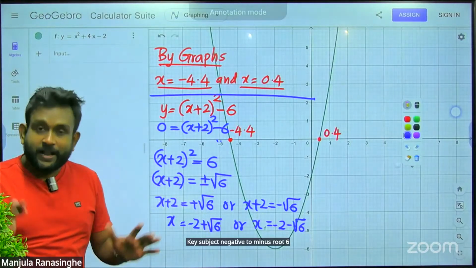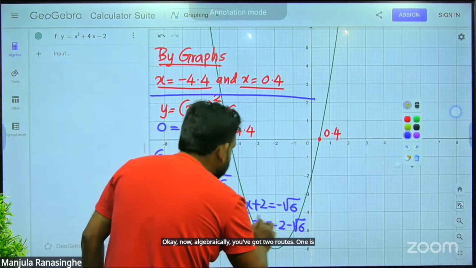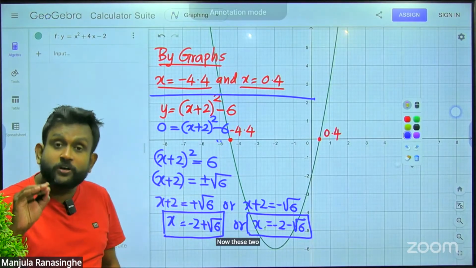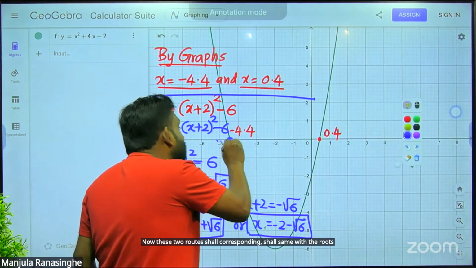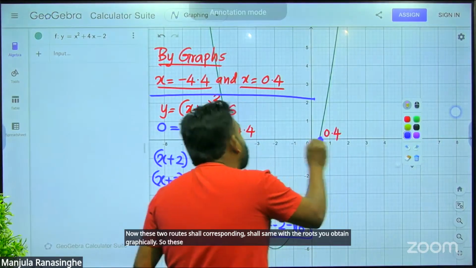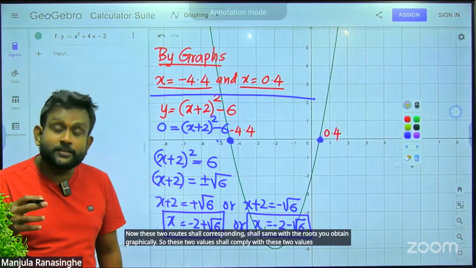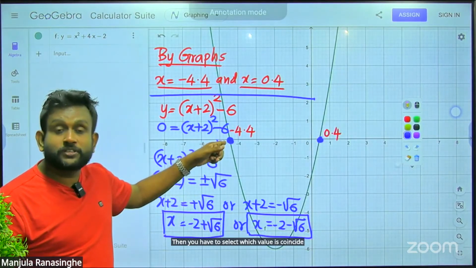Now algebraically you got two roots, one and the other. These two roots shall be the same as the roots you obtained graphically. So these two values shall comply with those two values. Then you have to select which value coincides with which value on the graph.